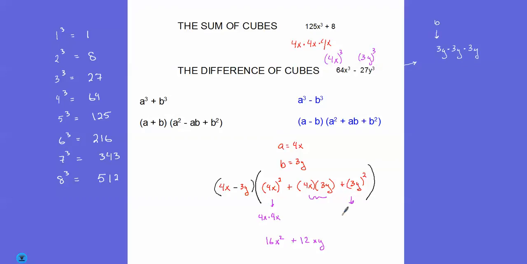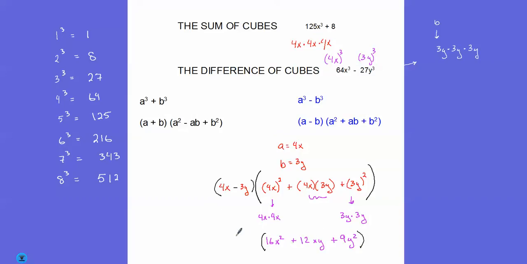This part here is really 3y multiplied by 3y, which is going to be 9y squared. There is no more work to do inside these parentheses, so I'm going to reestablish them here.